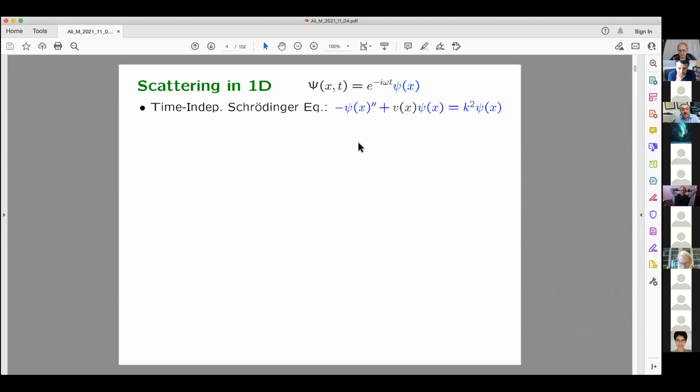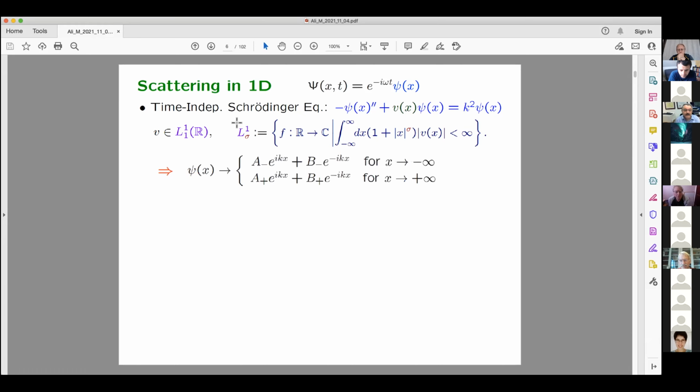So by scattering, I mean the quantum scattering defined by a potential, and I take the potential to decay fast enough at infinity so it belongs to this class of potentials L11, which is also known as Faddeev class potentials, but I need this notation for future use, L1 sigma. The larger sigma is, the faster the potential decays at infinity.